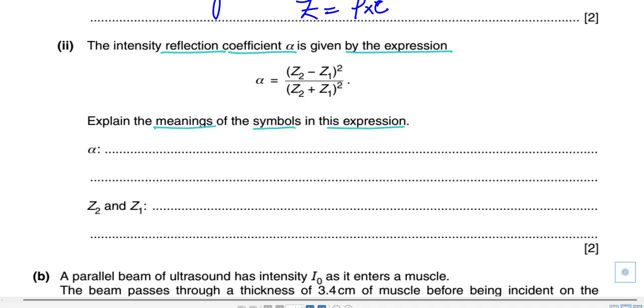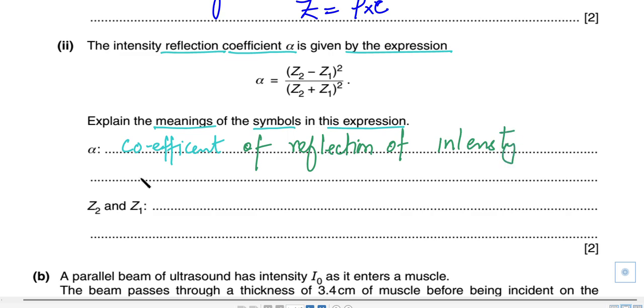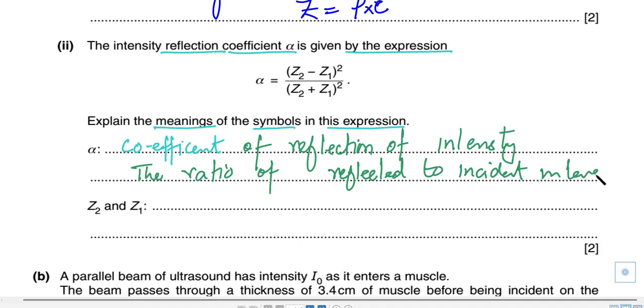Alpha was basically the coefficient of reflection of intensity, or you can say the ratio of reflected intensity to the incident intensity at the boundary of a medium.